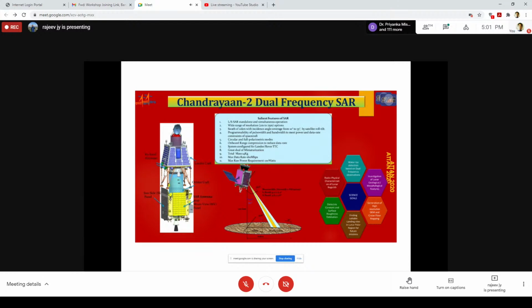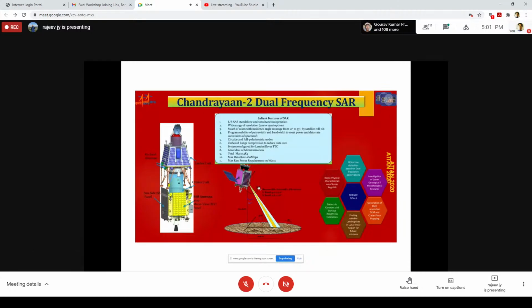It can be used for telemetry and telecommand for getting the health information of a satellite. This was the first unique synthetic aperture radar ever flown by any space agency, because earlier they had flown only single band SAR. NASA has flown a single SAR, called Mini-SAR. But this was a dual band SAR.